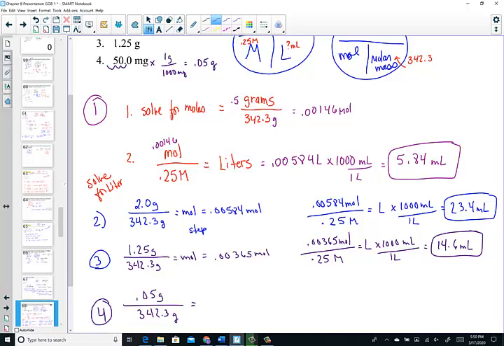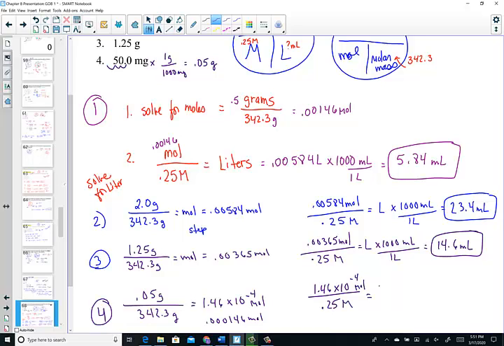Here I get a really tiny number. It's 1.46 times 10 to the negative 4th. Maybe your screen says 0.000146. That's the same number, just in decimal form instead of scientific notation. We're going to take that number of moles and divide by the molarity, and it's always been 0.25.